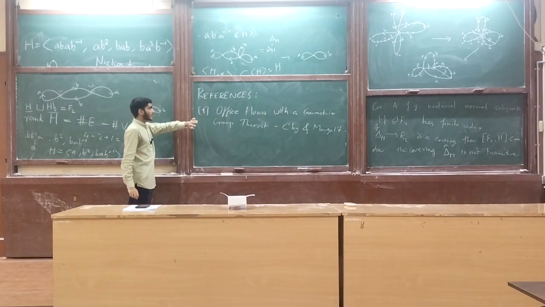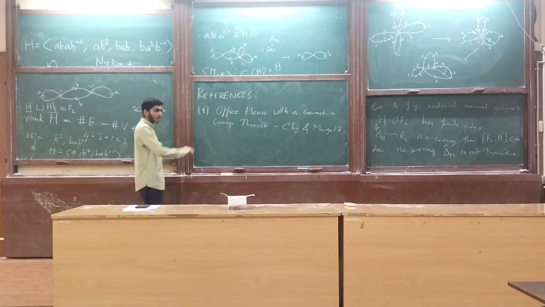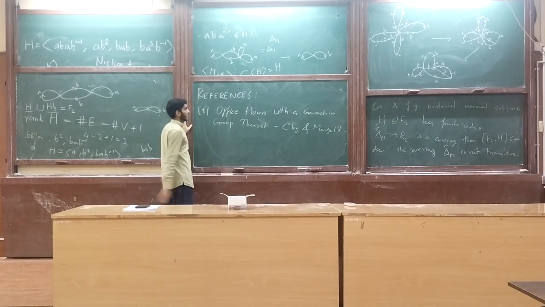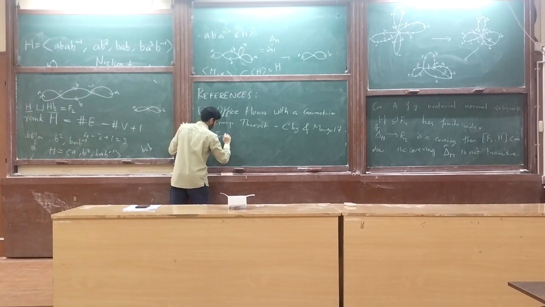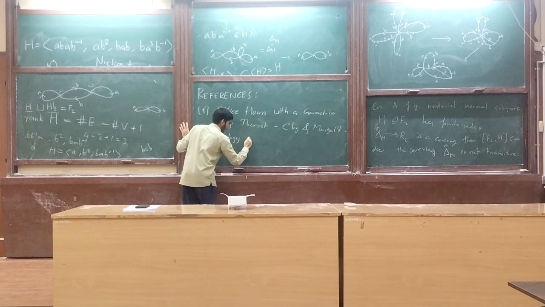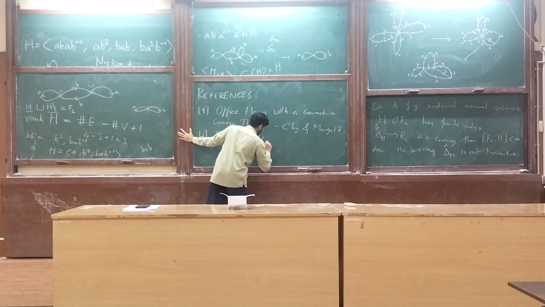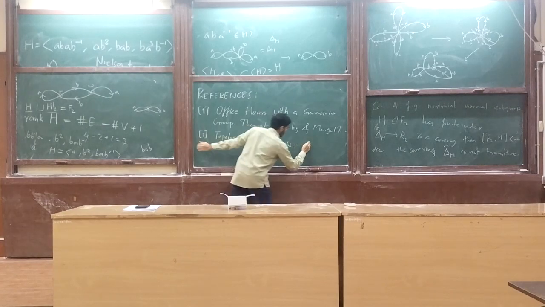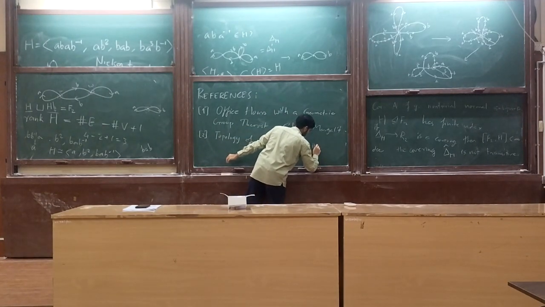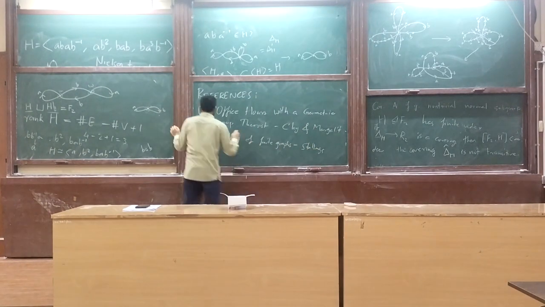Okay, this is an excellent book. You'll get an introduction to all the topics, and it's wonderfully written. It's really nice. There is an entire chapter on foldings, which is where I took most of it from. Then you can look up this paper, Topology of Finite Graphs, by Stallings. He introduced this technique in that paper.